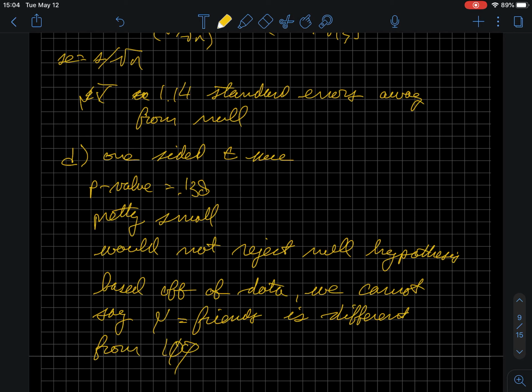Note that I'm being very careful with my language. We're not accepting that 100 is the correct number. We're failing to say that it actually is different. We don't have enough data to suggest that this is different than 100. This does not mean 100 is correct. It means we failed to reject it. Again, that is a very important distinction. It is not the same thing as accepting it. And that's something we'll talk about a little bit later.